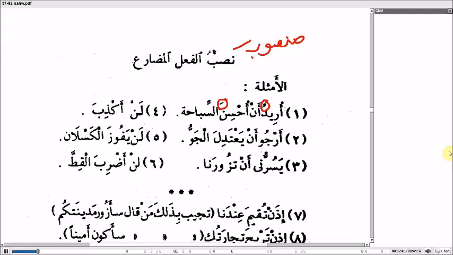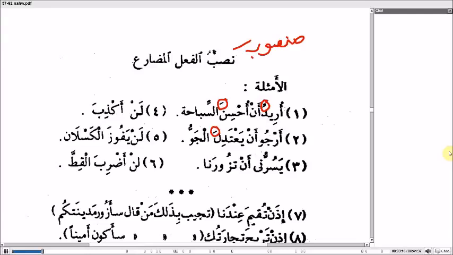Al-jaw is the weather. كيف الجو اليوم في St. Louis. الجو بارد. الجو حار. الجو معتدل. Right? The weather's cold, the weather's hot, the weather's nice, it's warm, in between, balance, right? Arju an ya'tadila al-jaw.